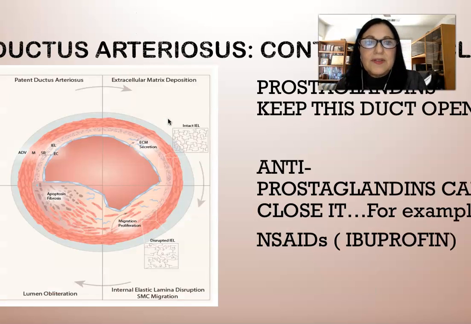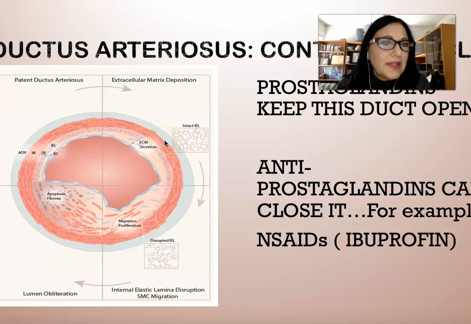All right. So just a little information about the ductus arteriosus. It's kept open by chemicals called prostaglandins. There's muscle tissue there, and it is kept open by prostaglandins. So if prostaglandins keep this duct open, antiprostaglandins will close it.